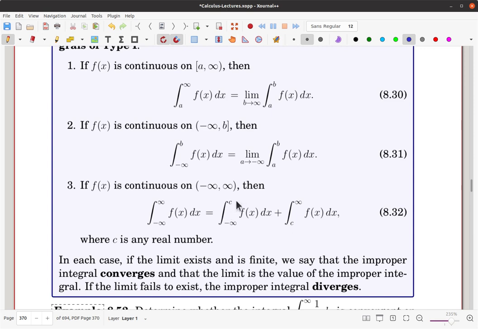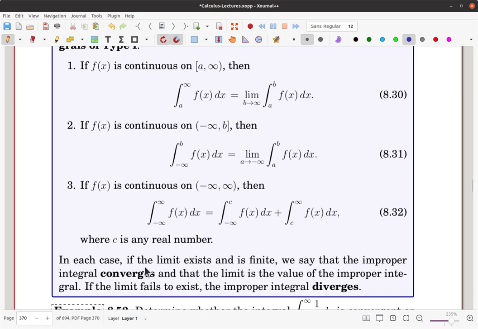And this c must be an arbitrary point. So for any point c, for the left-hand side interval and the right-hand side interval, the improper integrals both should be finite, and the sum will be the improper integral.